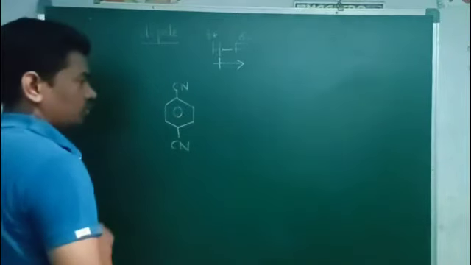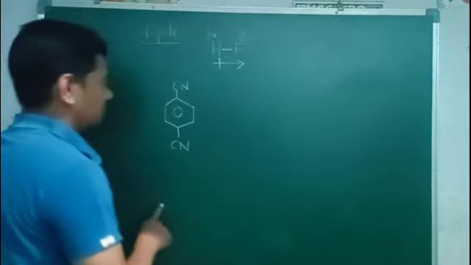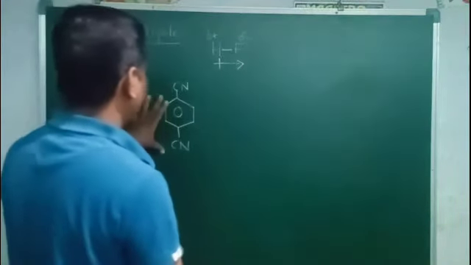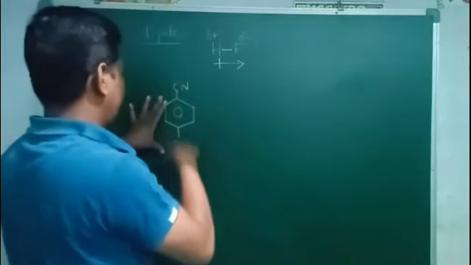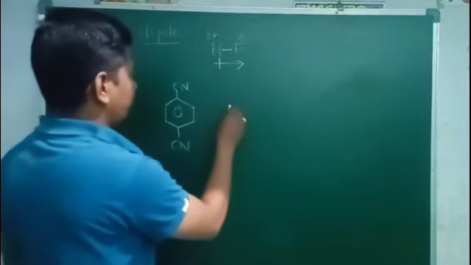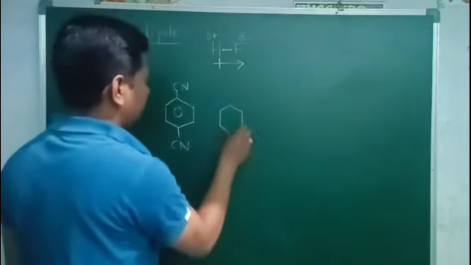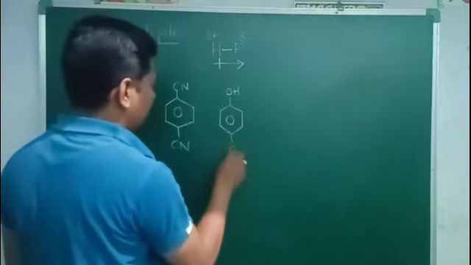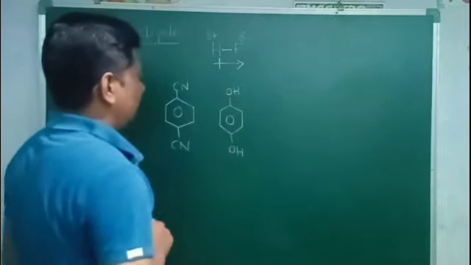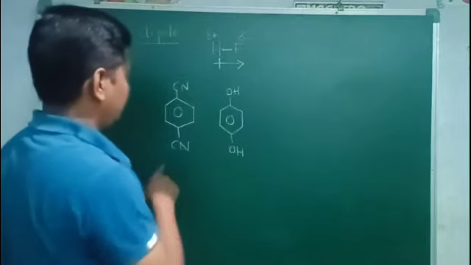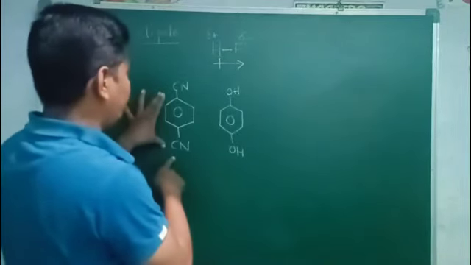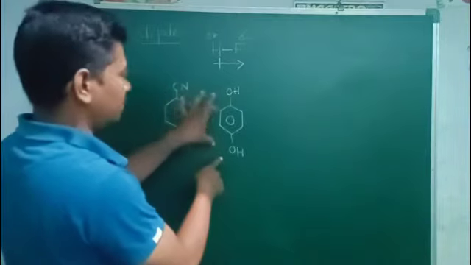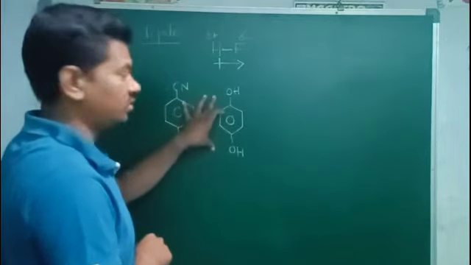And next, one more example. Cyano and cyano, the same group of atoms are present opposite to each other. And here OH. In this case the same type of group of atoms, and here also the same type of group of atoms, are present opposite to each other.